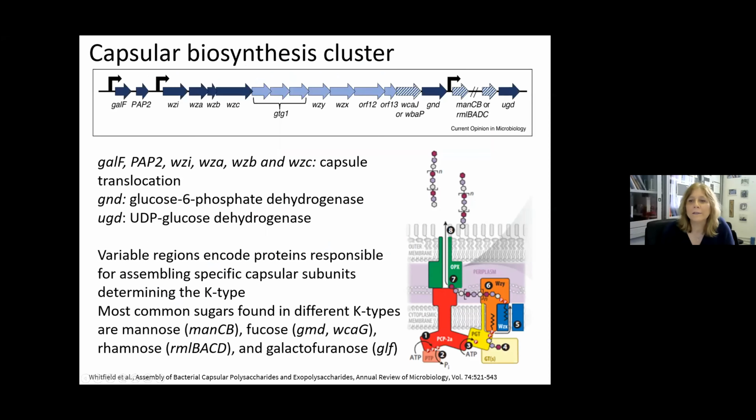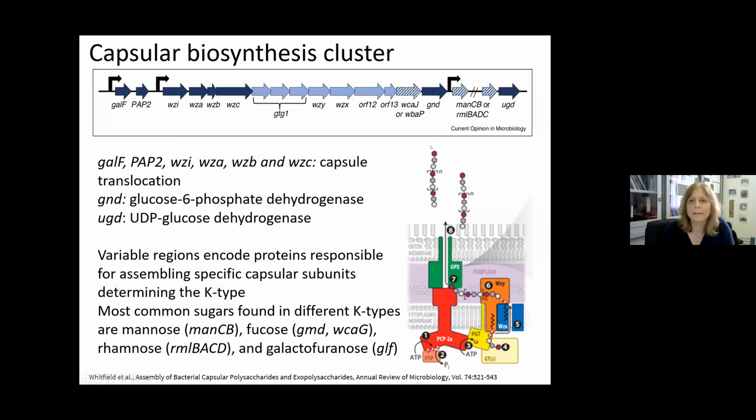And I remind you that the capsule in Gram-negatives is made by a polymerization of saccharides, then exported by an ABC system outside and linked with a lipid to the outer membrane. And this is synthesized in Klebsiella by clusters that normally encode a constant part and a variable part.